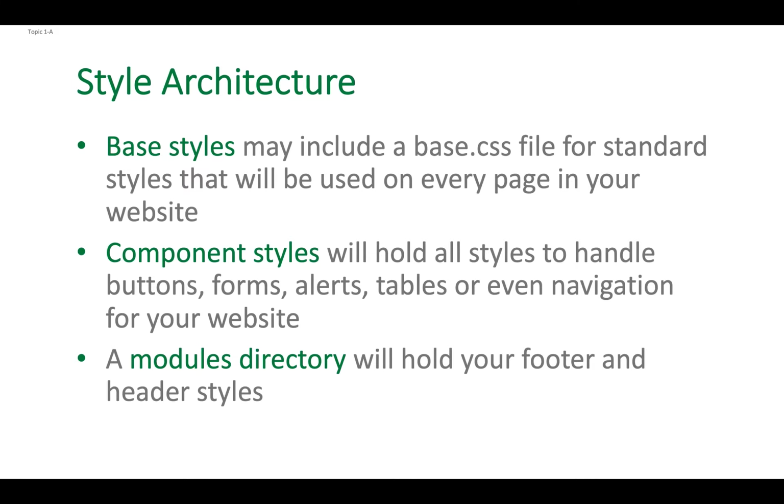And that code will be used on every single page, even though it's not included on every single page, it is linked to. So that would be your base styles. The component styles are going to hold all the styles that you need to handle buttons, forms, alerts, or tables, or even navigation for your website. And then a modules directory will hold your footer and header styles.